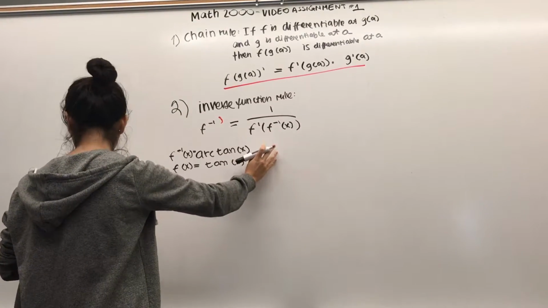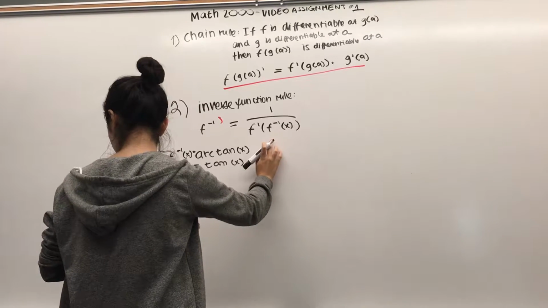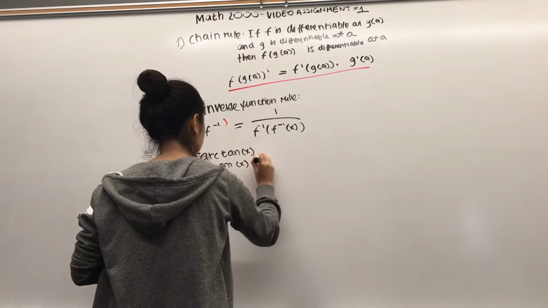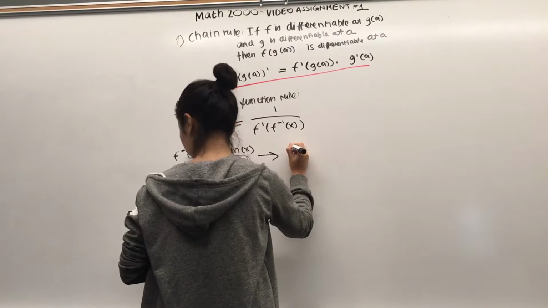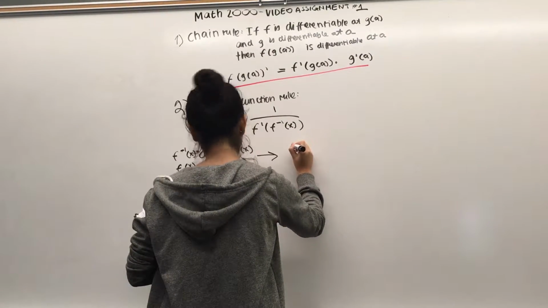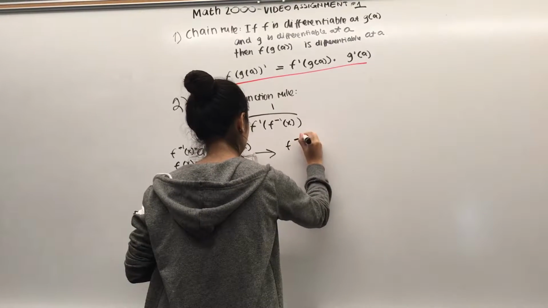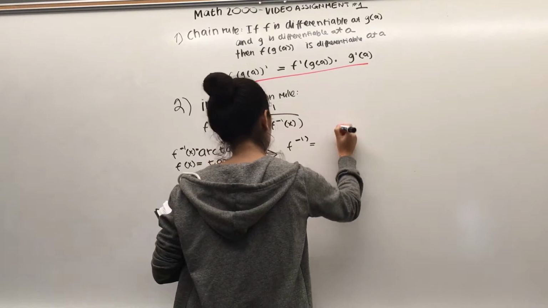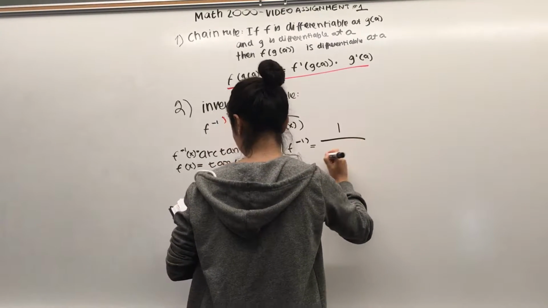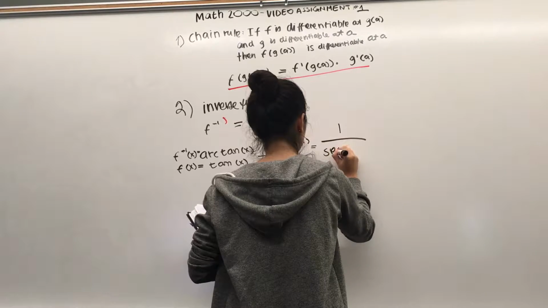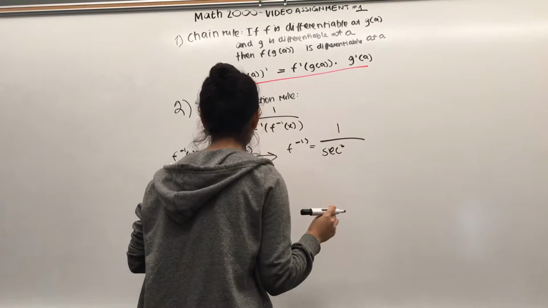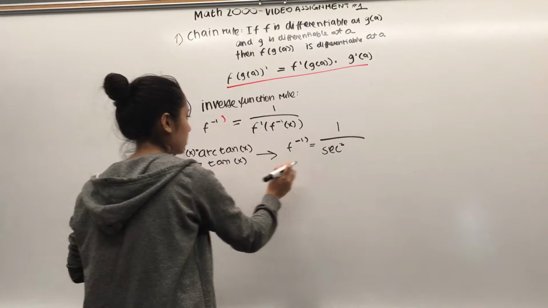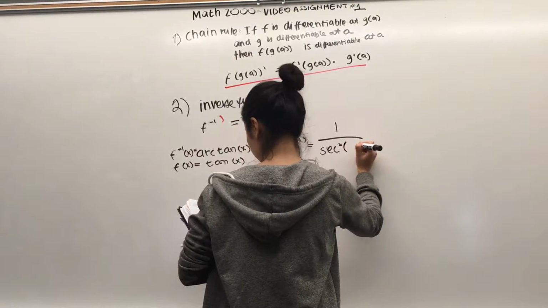So if we apply this to this equation, we would get 1 over secant squared, as it is the derivative of tan of x, of arc tan of x.